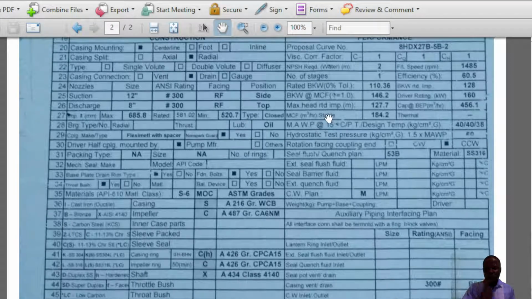It is important that a particular vendor, for a particular pump you are about to procure, must have provided this information on the mechanical data sheet, because this is some of the information you require to do a thorough technical evaluation of the mechanical data sheets before the pump is procured.